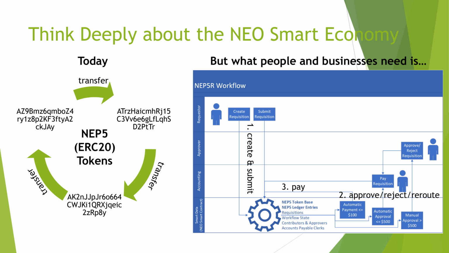And to do that in a way that's trustful, to do that in a way that can be recorded for posterity. And the way to do that is through the smart contract.